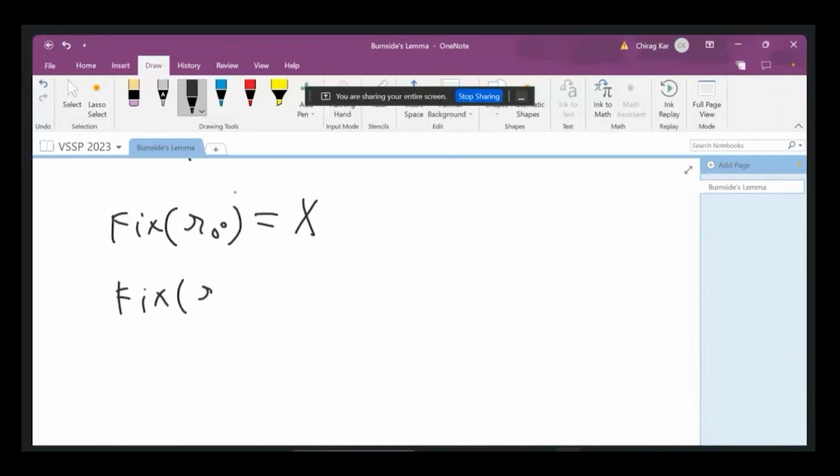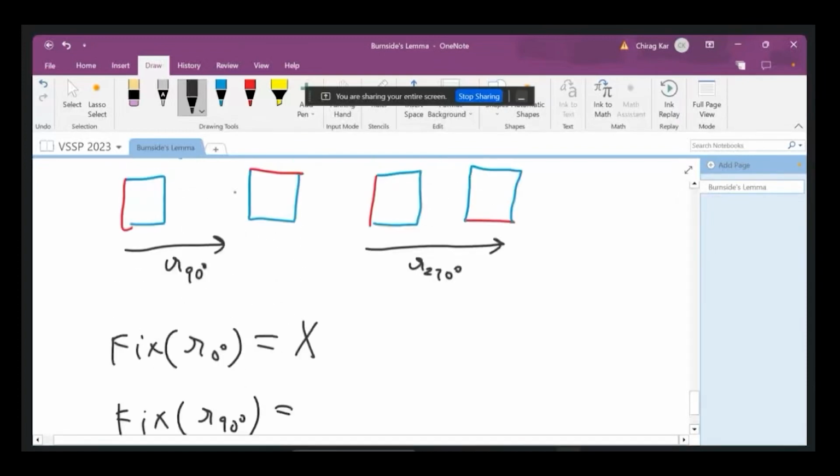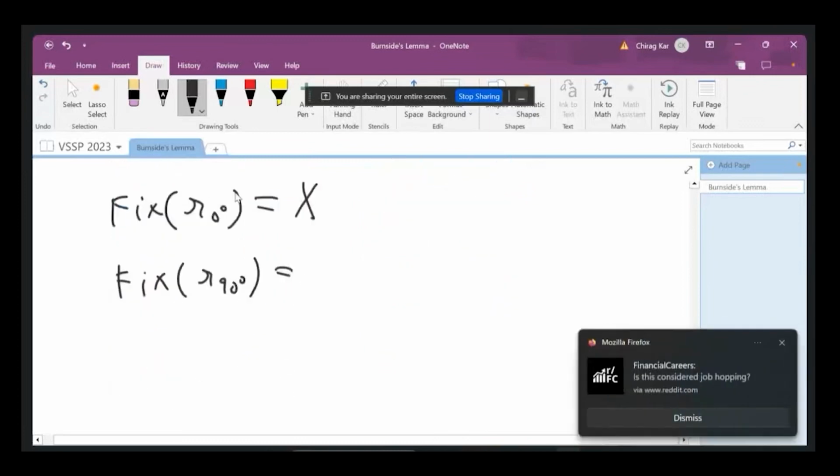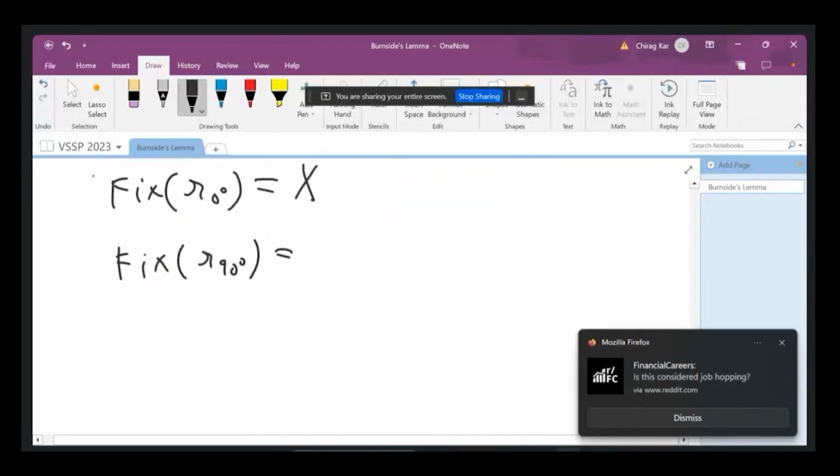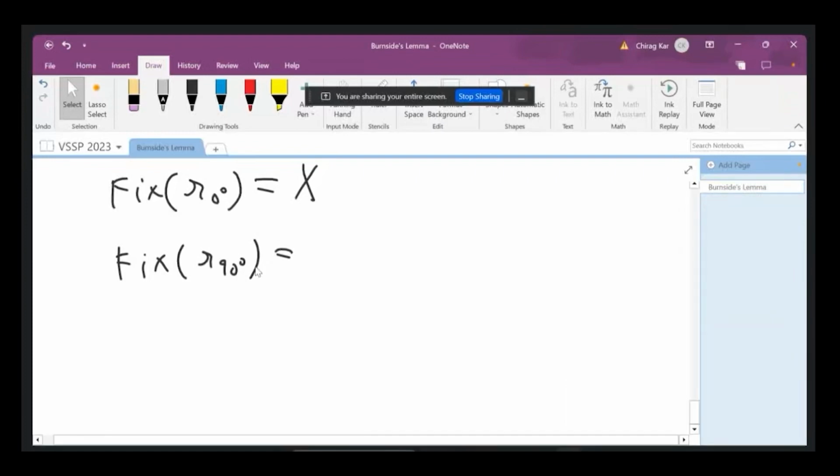Similarly, suppose we look at the R90. Now, here is where it becomes very interesting. When you look at the R90 element of the group, what essentially ends up happening is that we want squares which are the same.